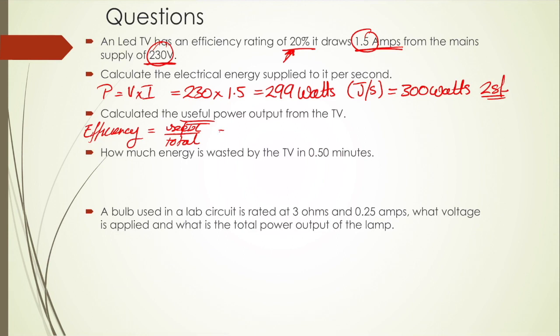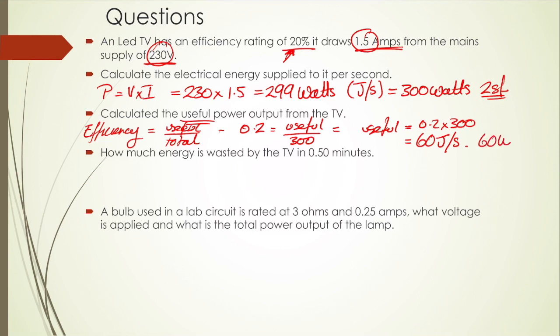So we get 0.2, which is the efficiency, because I've not multiplied by 100, equals the useful divided by 300. So the useful equals 0.2 times 300, and that equals 60 joules per second, or 60 watts.